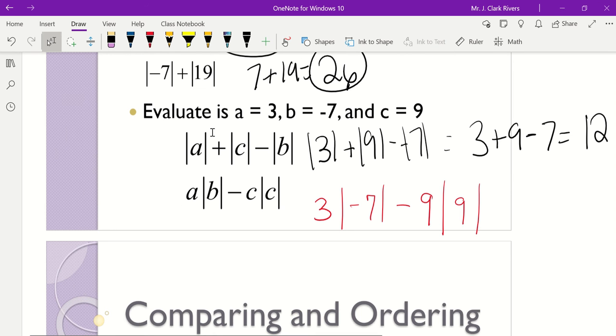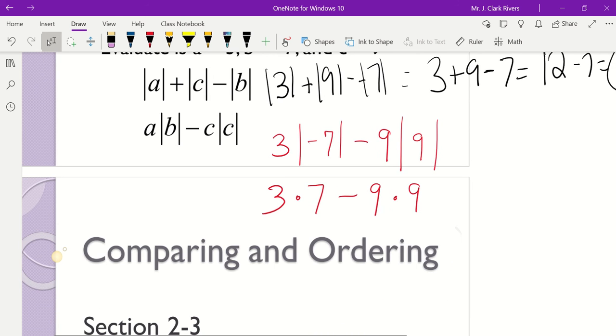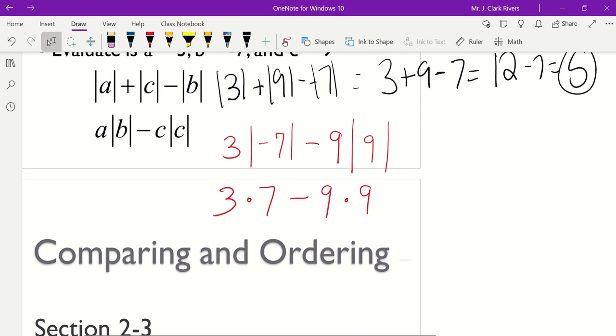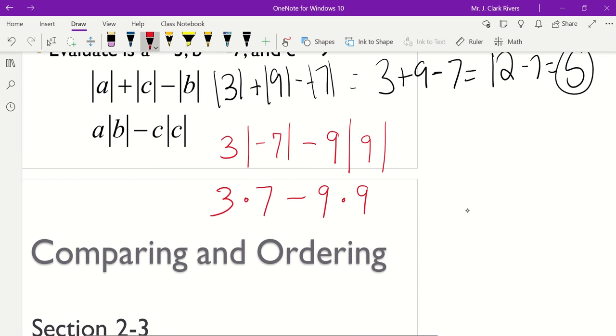What's the first thing we do here? Yes, Molly? Take the absolute value. So that's 3 multiplied by, Olivia, what's the absolute value of negative 7? 7. The minus gets copied down. 9 multiplied by, Olivia, what's the absolute value of 9? 9. Now we multiply. Olivia, what's 3 times 7? 21 minus, what's 9 times 9? 81.